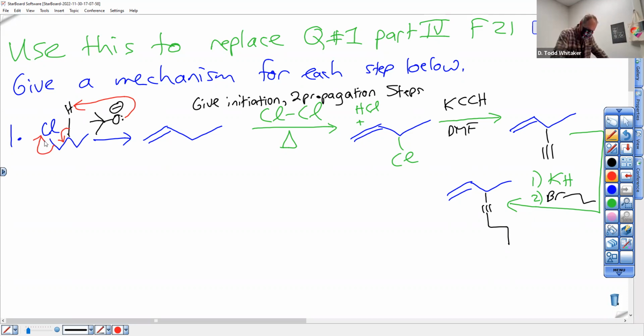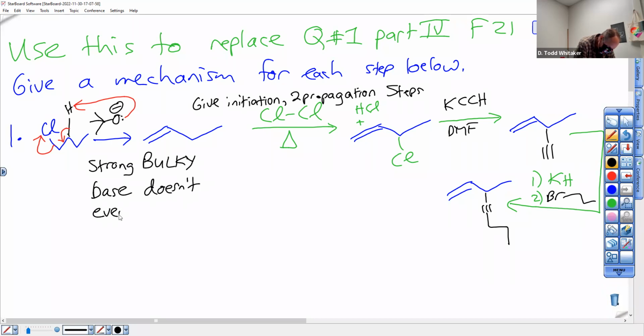Strong, bulky base doesn't even require heat for E2.